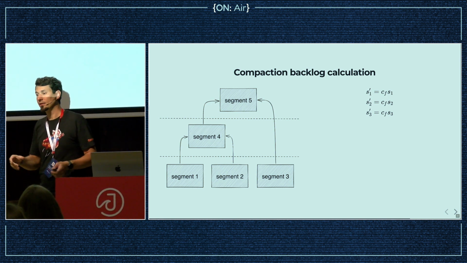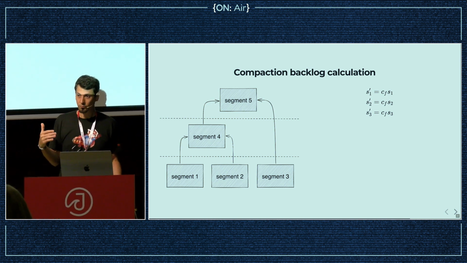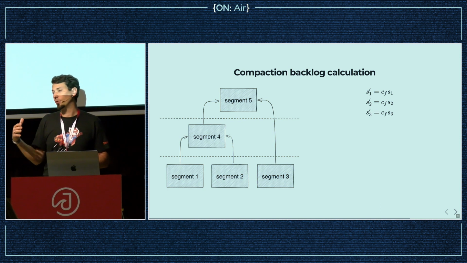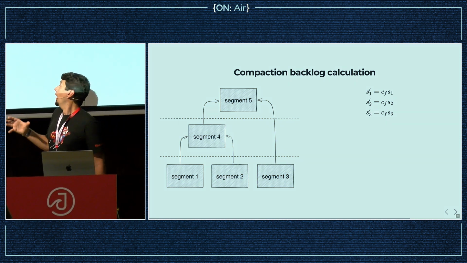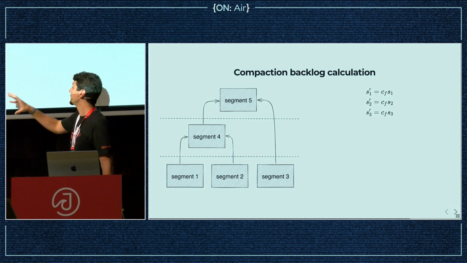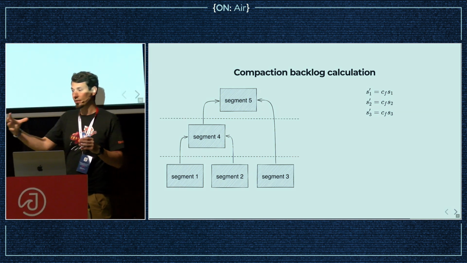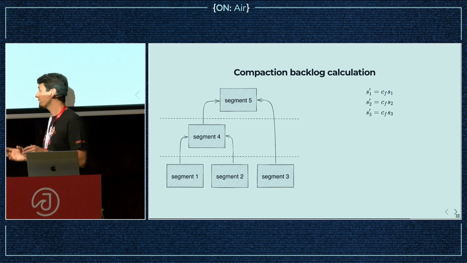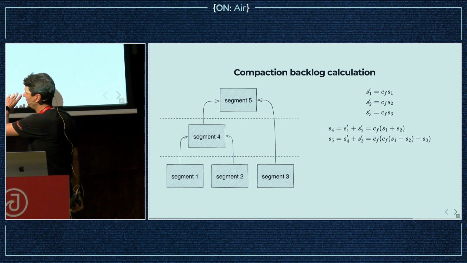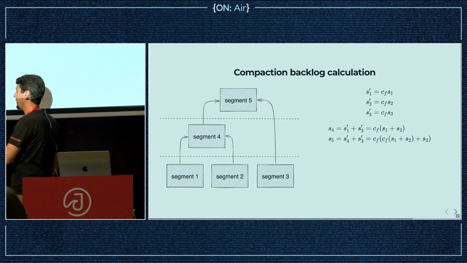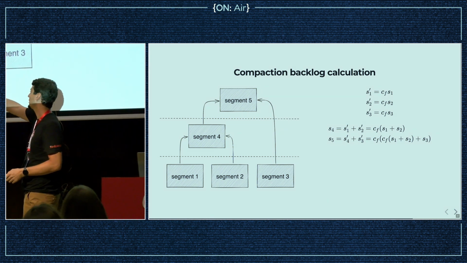And we track this compaction factor as an exponential moving average. So basically, we assume that the data in the partition are heterogeneous.